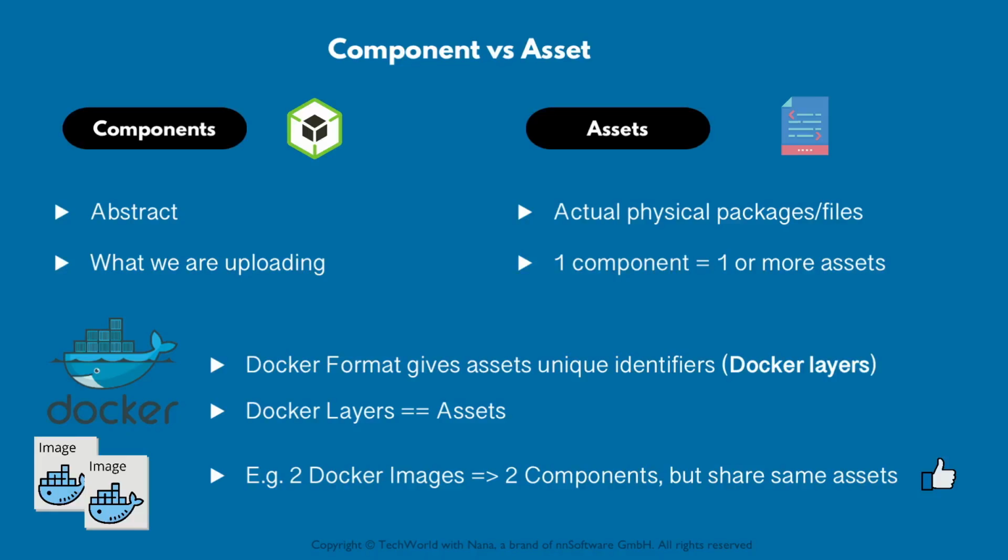For example, if you have multiple application images, different applications that all are based on Node or Java, then this layer will be an asset, and all different application images will actually share this specific asset. So this is how the Docker repository type actually handles assets and components.